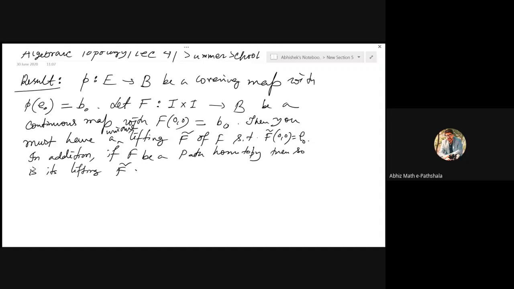If in addition f is a path homotopy, then so is f tilde.